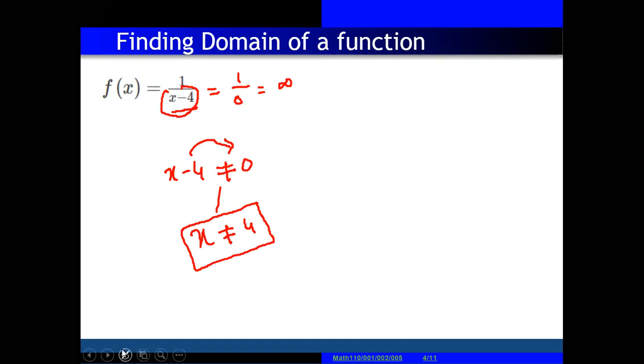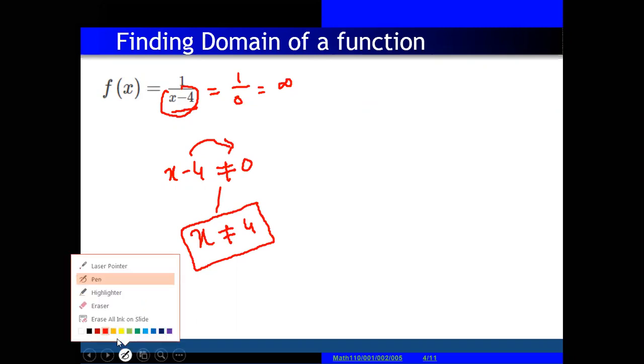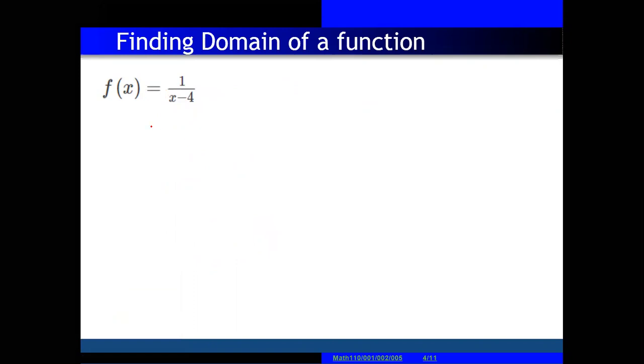The same you can solve this question by giving values. Like f of x is equal to 1 over x minus 4. If you give x equal to 0, what will be the value of y? If you give x equal to 1, what is the value of y?